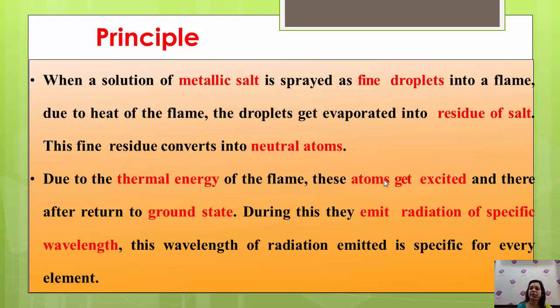During this, they emit radiation of specific wavelength. This point is very important: the wavelength of radiation emitted is specific for every element, and we are going to utilize this point to determine different elements.